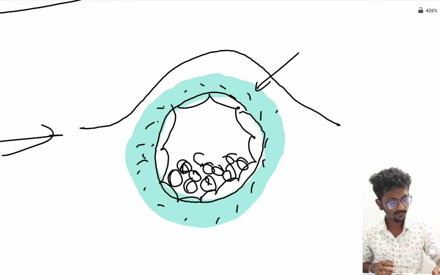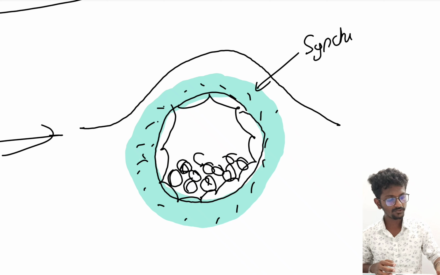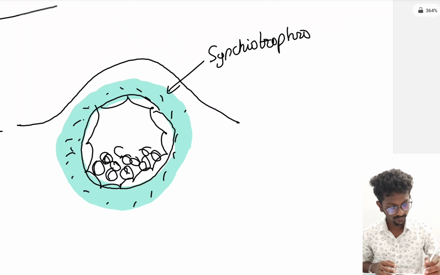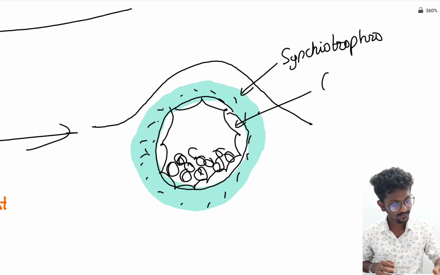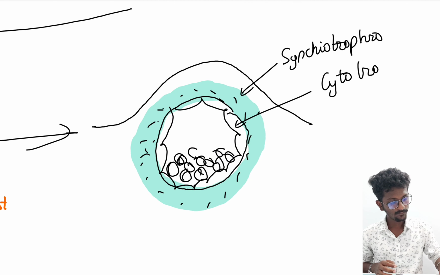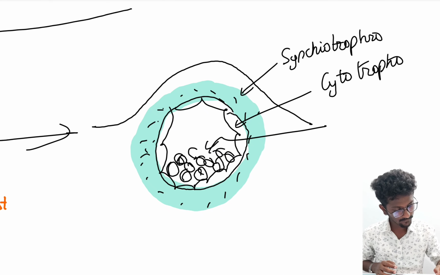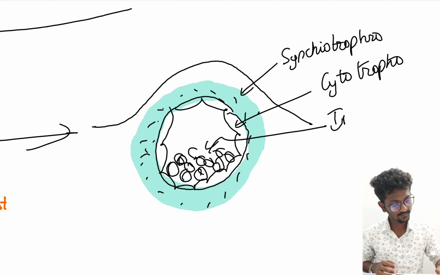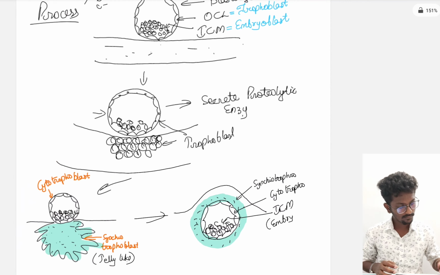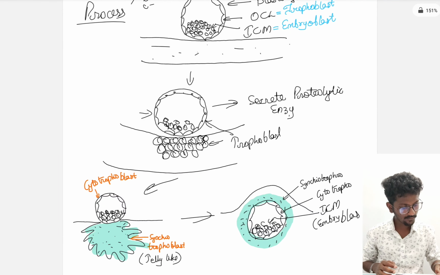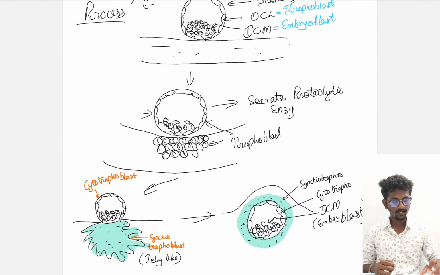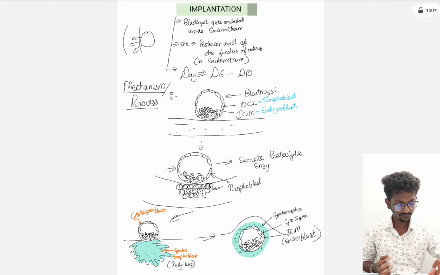This is the syncytiotrophoblast. This layer is the cytotrophoblast, and this inside is the inner cell mass or the embryo or the embryoblast. I hope this is very clear to you guys.